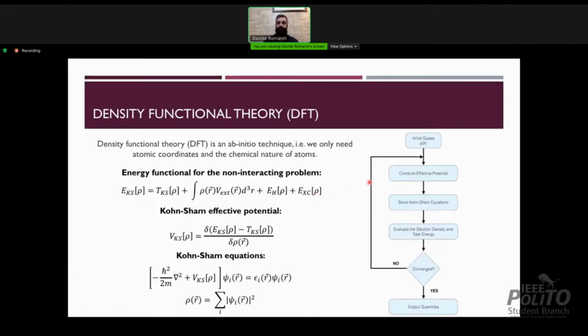After that, we just need to solve the Kohn-Sham equations in a self-consistent way in order to reach the minimum of this energy functional and retrieve the ground state electronic density, from which we can extrapolate the equilibrium properties of our system. Moreover, this technique is called ab-initio because the only ingredients that we need are the crystallographic and chemical information of our system, of the elements that compose the material.